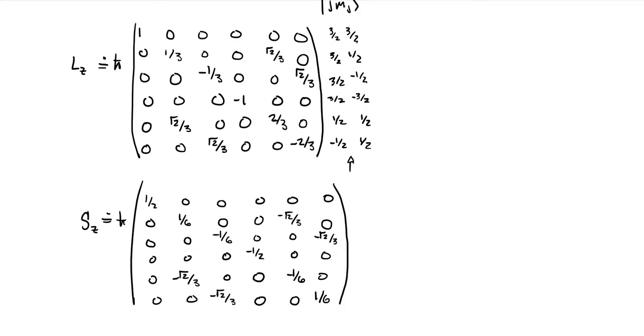But now that we have our L_z and our S_z operators, our Zeeman Hamiltonian is just mu_B over h bar times g_L L_z plus g_S S_z.